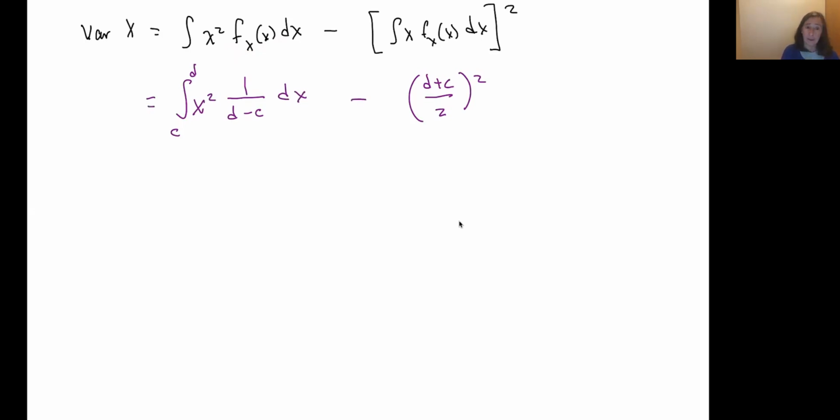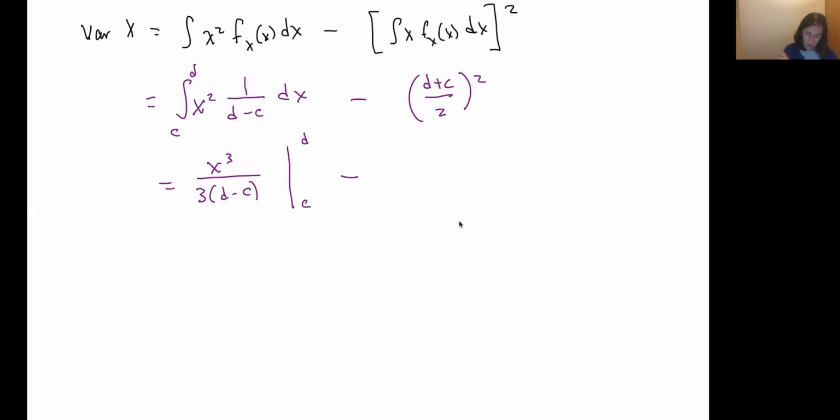Okay, so it's another one of these polynomials, and just as the integral of x is x squared over 2, we remind ourselves the integral of x squared is x cubed over 3. So x cubed over 3, the constant just comes along with us, and this is evaluated from c to d.